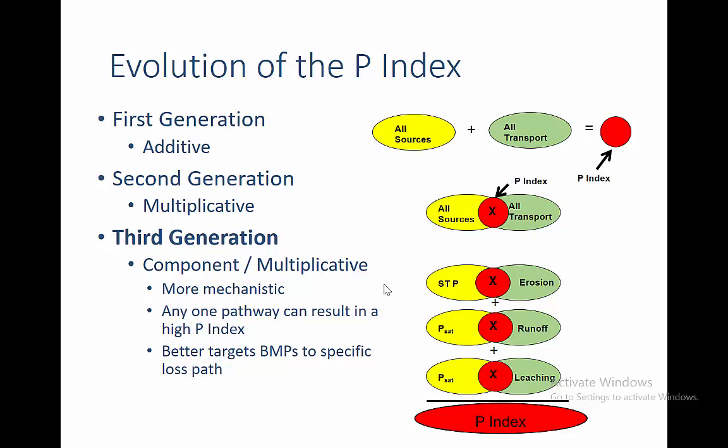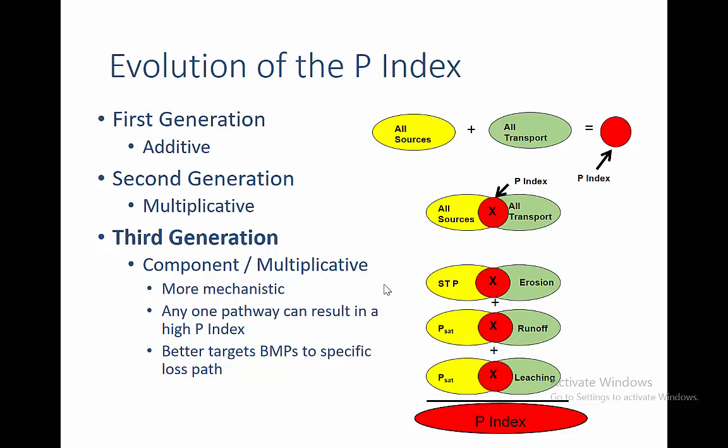Now there's some states that have moved beyond, and this is basically the difference between the old Maryland Phosphorus Site Index and the new Phosphorus Management Tool. So all they did was split apart the source variables and split apart the transport variables and multiplied the appropriate ones together, and then summed them up to get your final P index score. And literally that's all that happened.